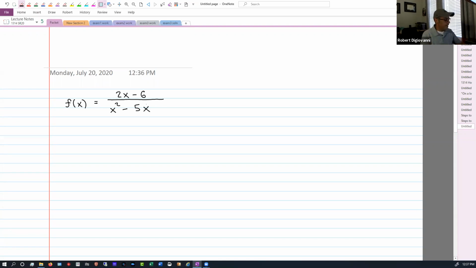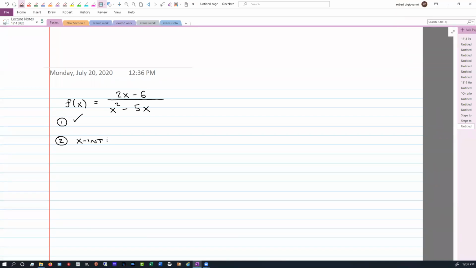Is this a rational function? Polynomial divided by polynomial? Yes. Let's find x-intercepts. So how do we find the x-intercepts? Make it equal to 0.